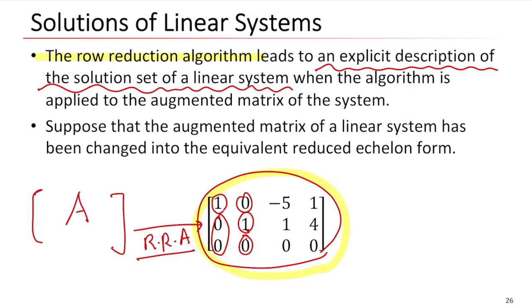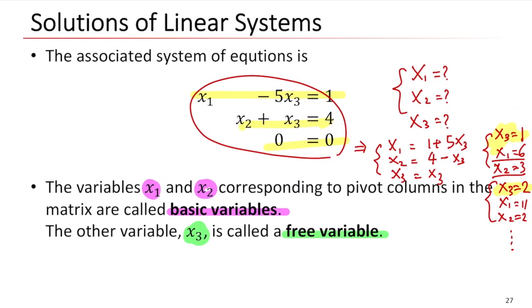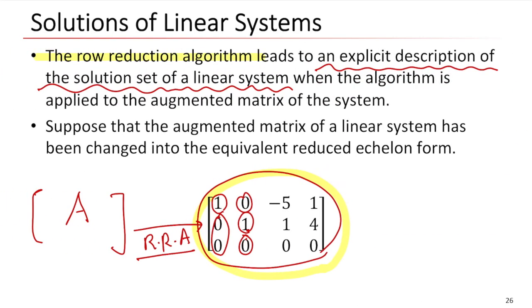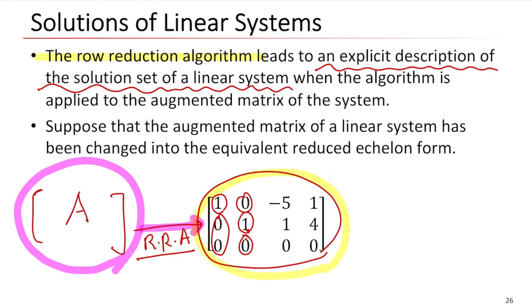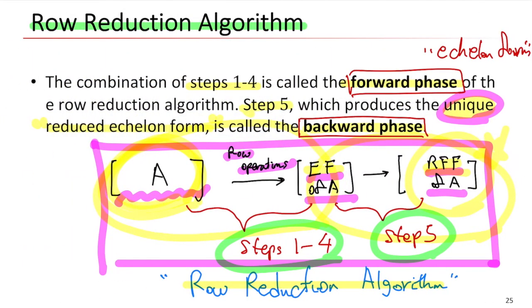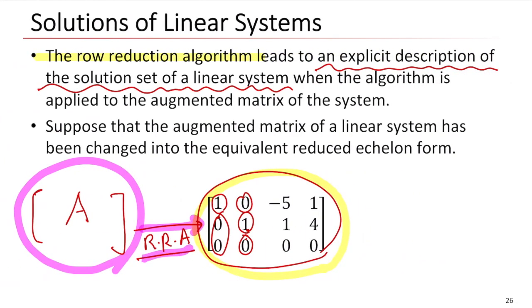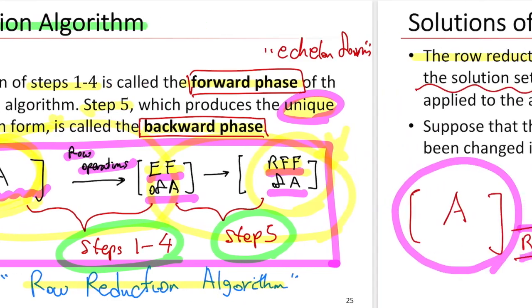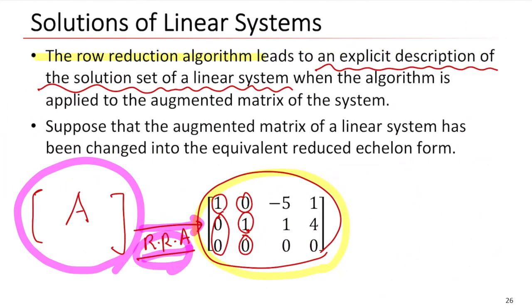So okay, let's say we have a matrix A that we want to solve, and we use the row reduction algorithm, and make this matrix a reduced echelon form, like this.